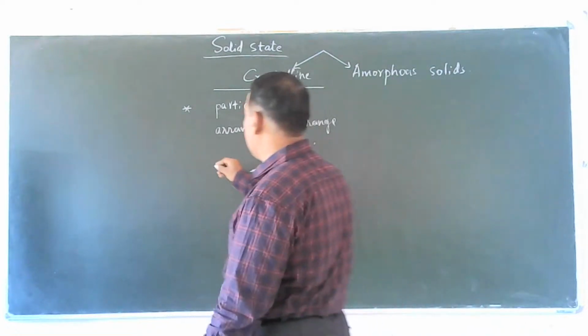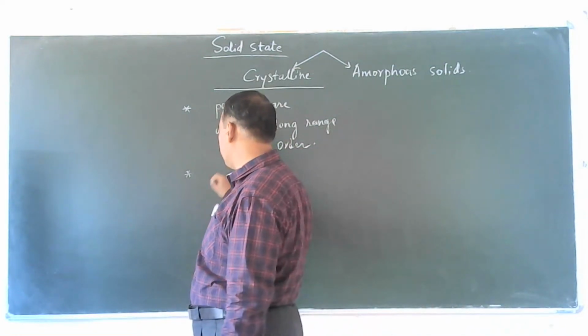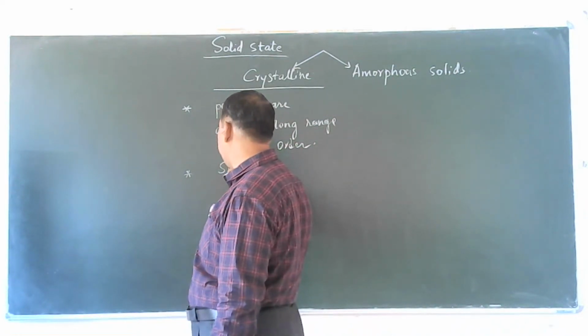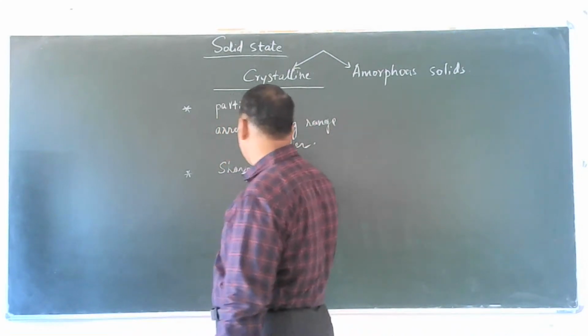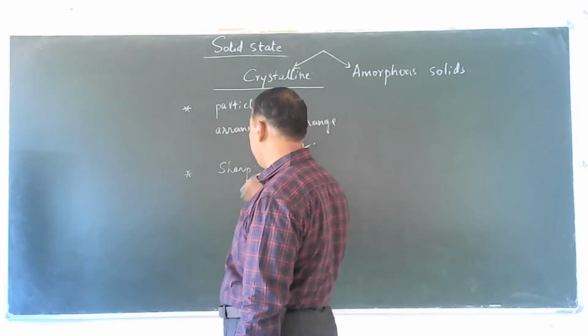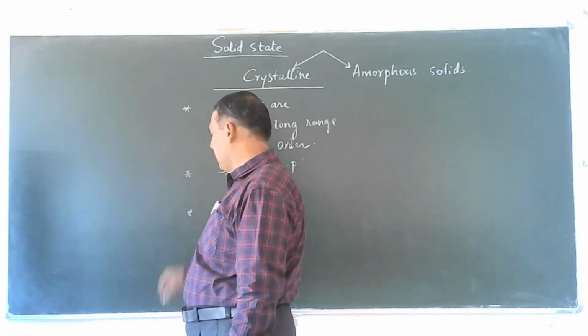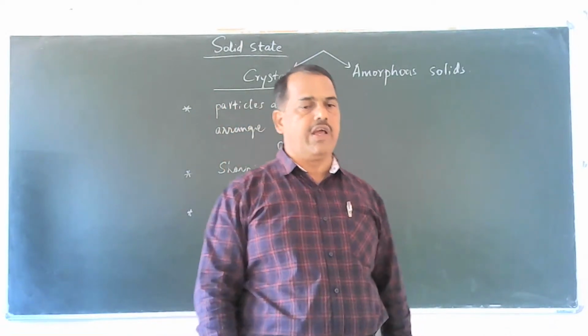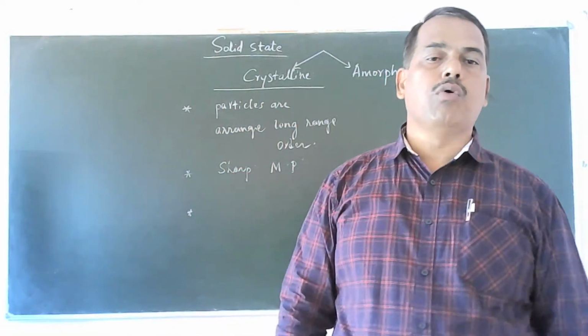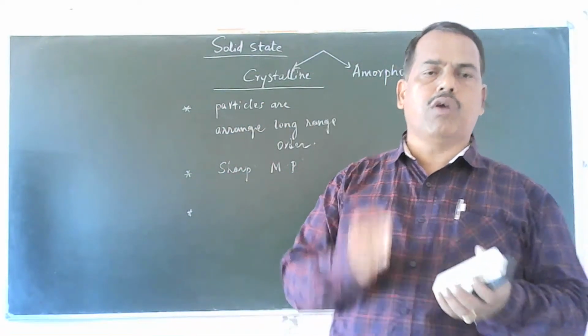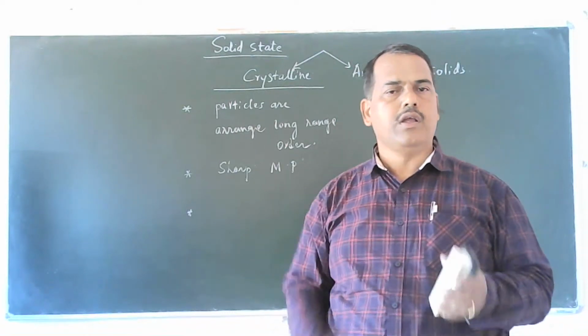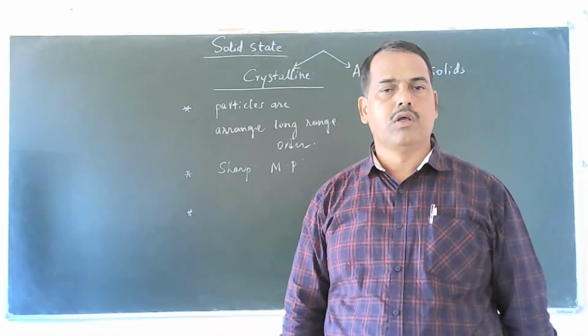If you go for other characteristics of crystalline solid, they have a sharp melting point. See, next part in crystalline solid. If you go for its cleavage, when you cut by a knife, it can cleave.